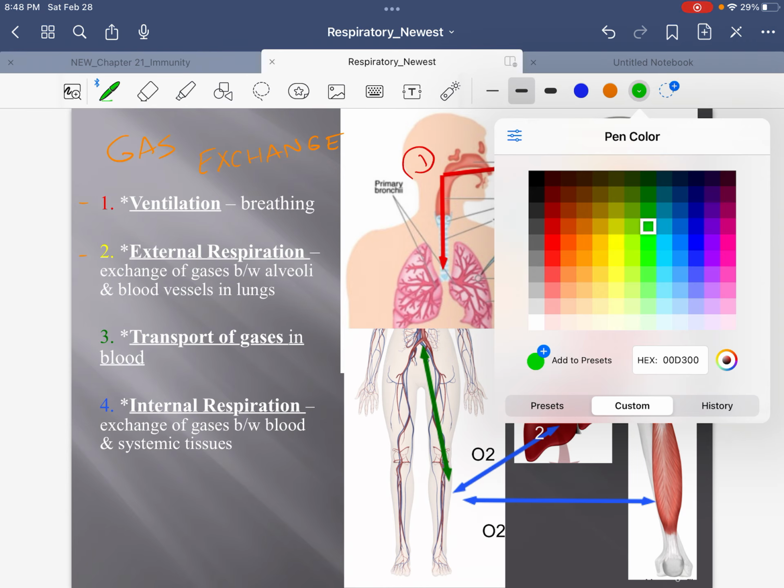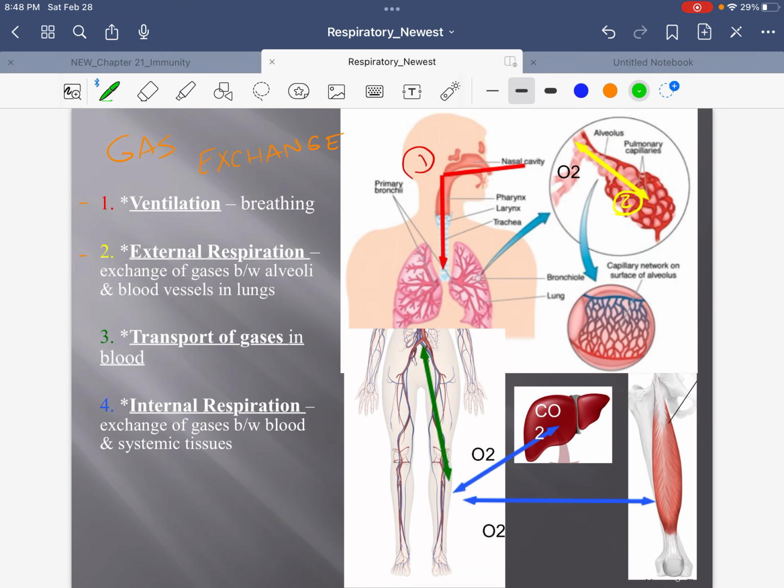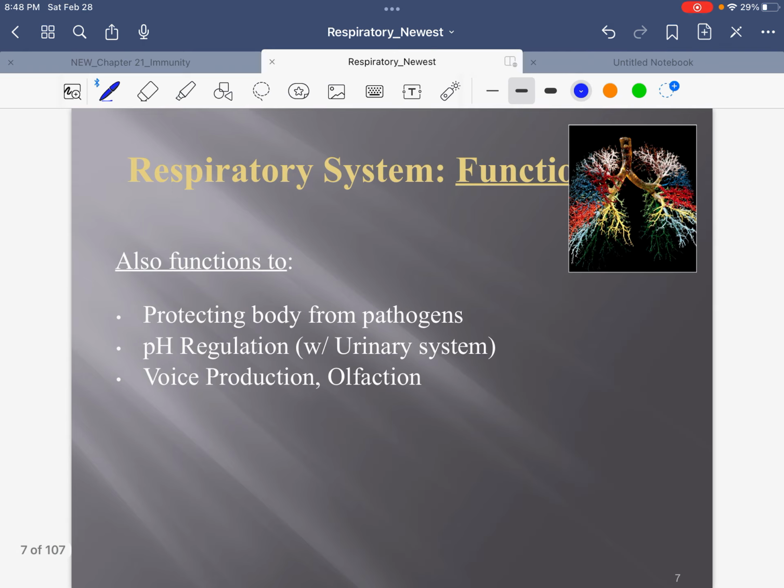Then step 3 is transporting the gases through the blood. Once we get to the tissues, we have our second gas exchange at the tissues. This is the order of how we will talk about the function. We're not there yet, but this is setting the scene. Other functions that are important for the respiratory system, the biggest thing is pH regulation.